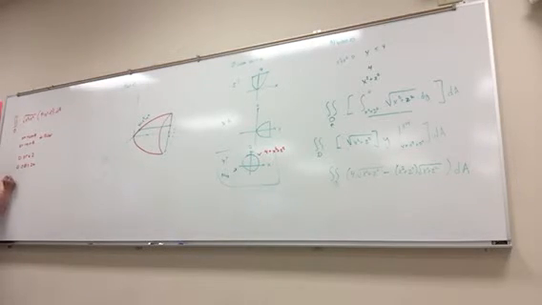Which means if I set this up, which one goes on the outside? What do you think? Sound good? 0 to 2 pi, and 0 to 2. What is this junk right here going to be? X squared plus z squared. What's that the same as? R squared. So the square root of that is R. This is awesome.